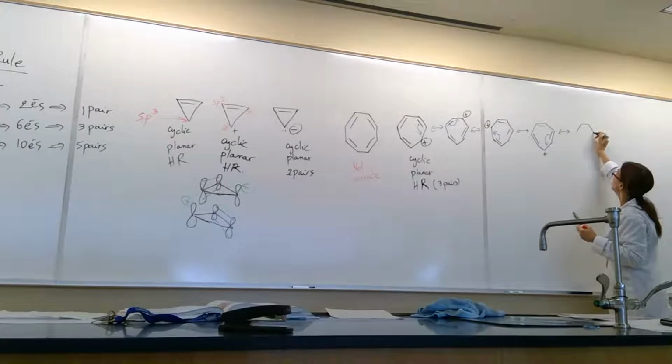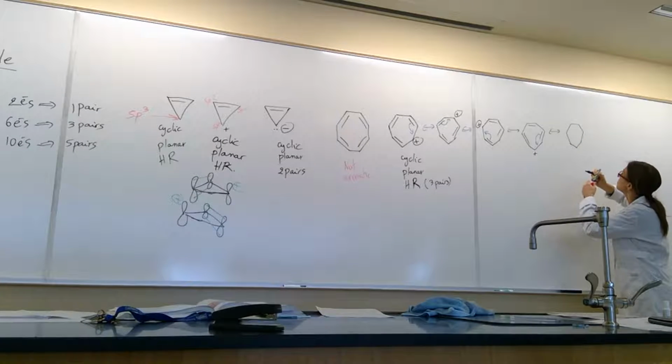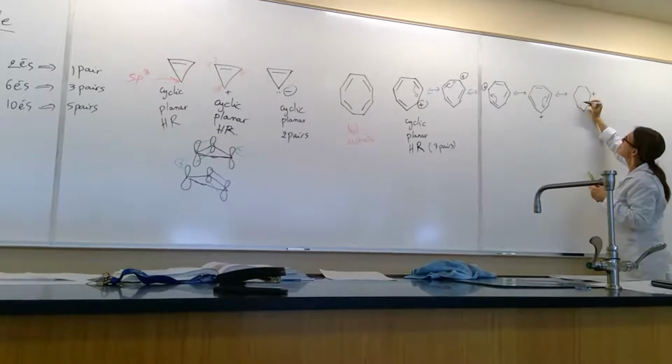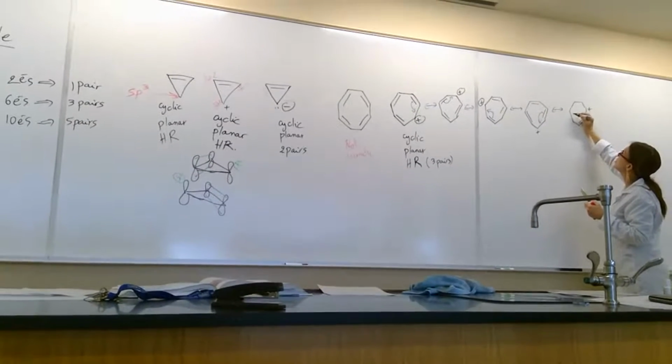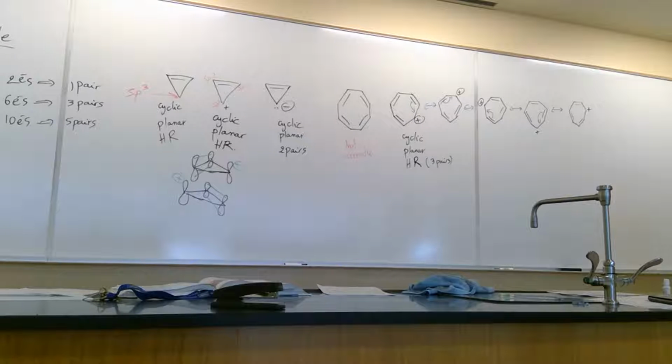So this is why you had to learn how to write resonance forms. So this is now the positive center. And then we have a double bond here, 1 here, one here. We're not done yet. You understand that we're not done yet? Because as long as it blends to a different structure, you still keep going.